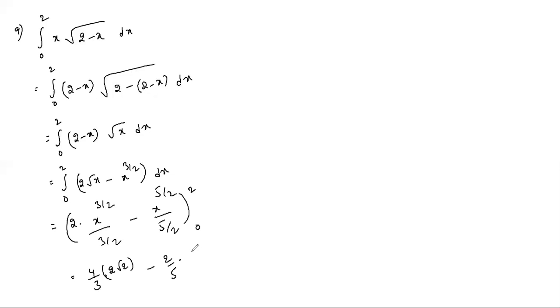So this is 4 root 2. So 8 root 2, this is 8 root 2 by 3, 8 root 2 by 5. So if you take 8 root 2 common, 1 by 3 minus 1 by 5. So it is nothing but 2 by 15. So 2 into 8, 16 root 2 by 15. 16 root 2 by 15 is the answer.